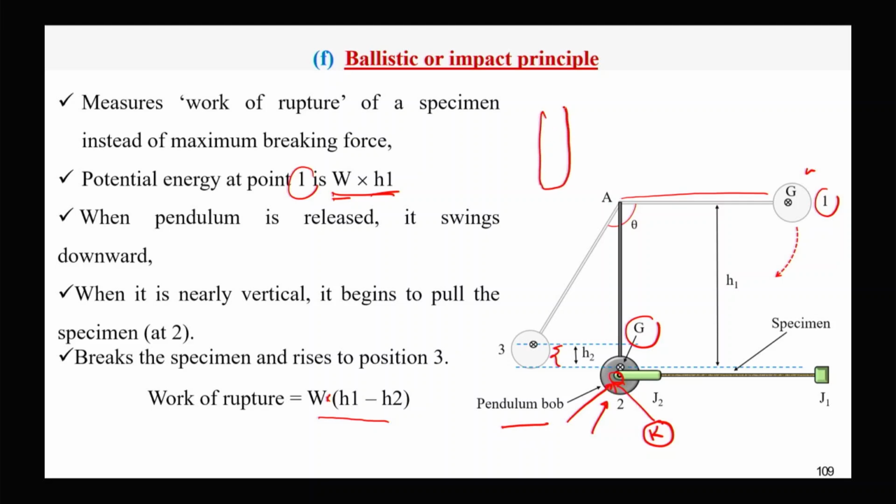This is the cricket bat, and when the batsman hits the ball, it can hit at any point, but there will be one point on the bat where, when the batsman hits, the jerk will be minimum.